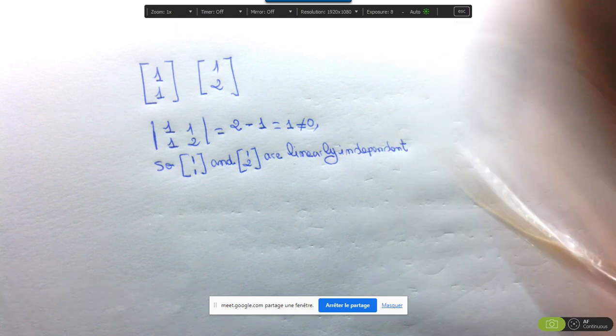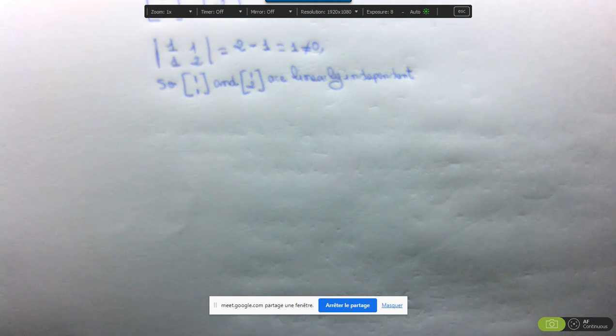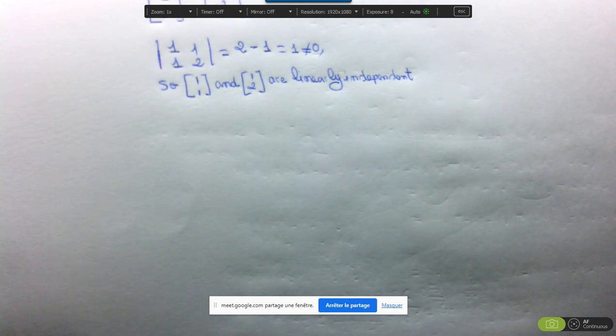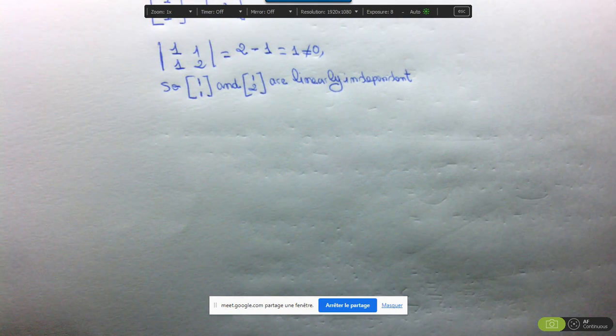Okay, but suppose that we do not know that if we calculate the determinant and the determinant is not equal to 0, then it is linearly independent. The question is, how do we do it?